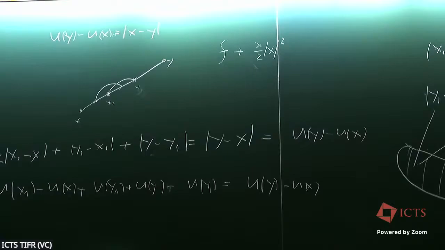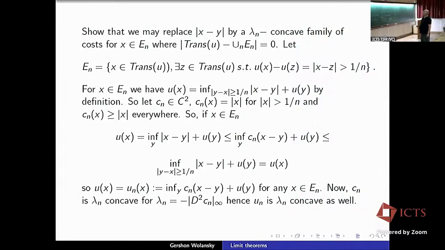So let's choose those E_n. We define E_n like this. Take all points on the transport lines such that there exists some point z for which this inequality holds, provided the distance from x to z is bigger than 1 over n.